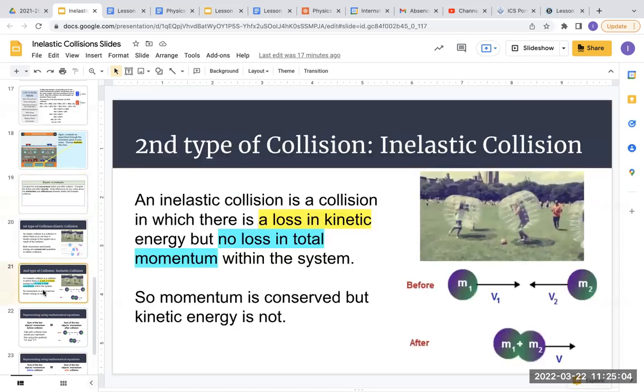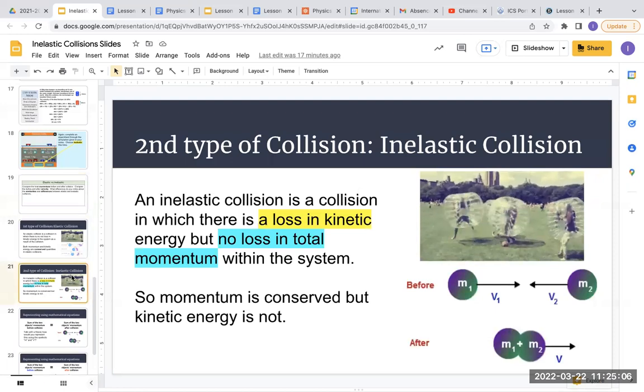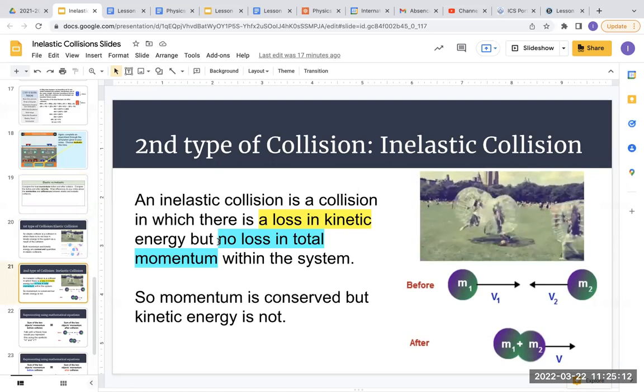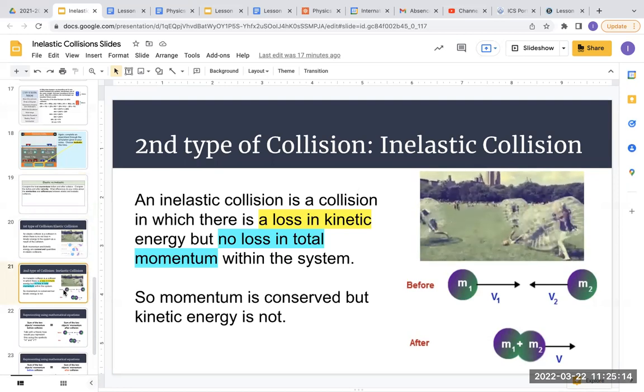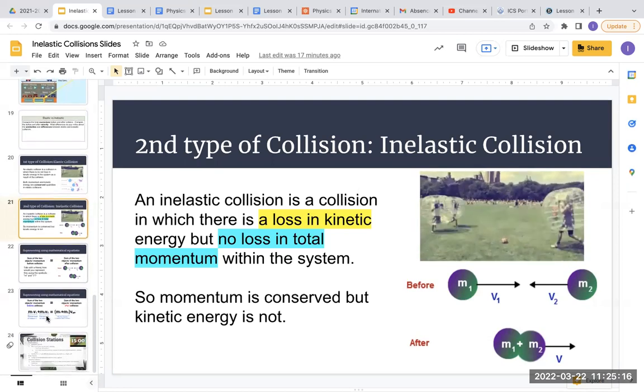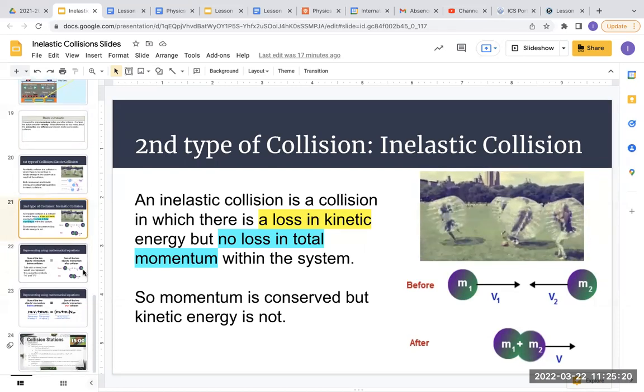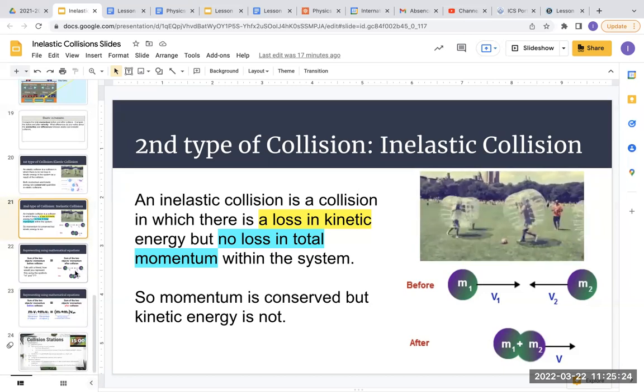So you can see that there is a loss in total kinetic energy, but no loss in total momentum. And that is a major, major difference between the two types of collision. In one very simple term, the total momentum is conserved. However, kinetic energy is not.